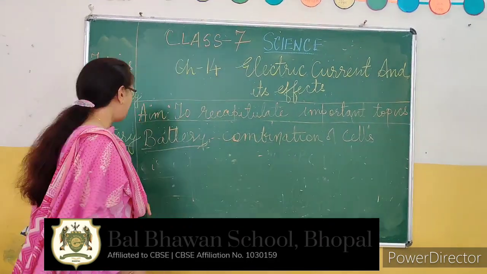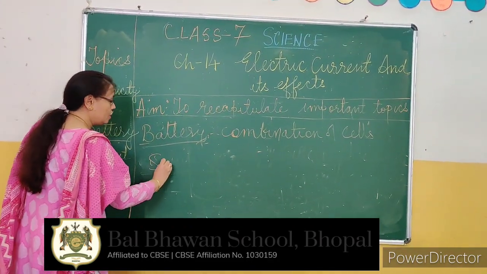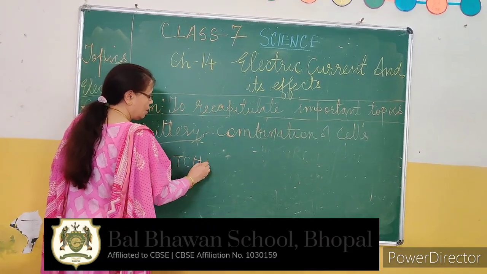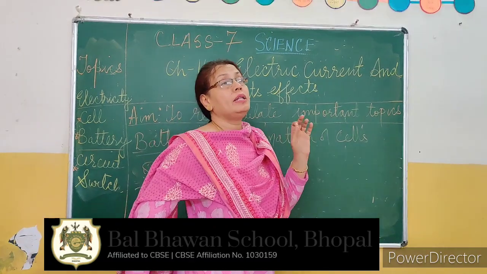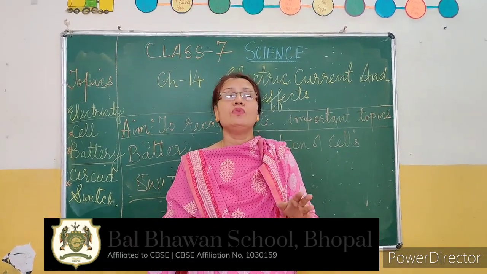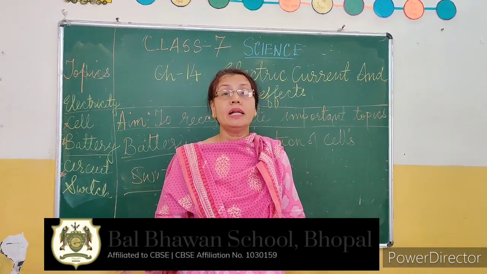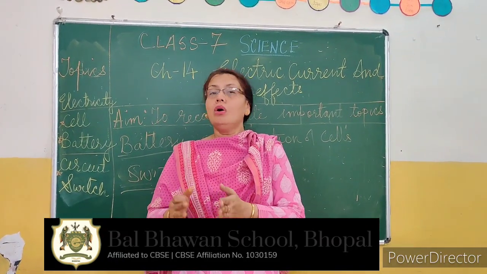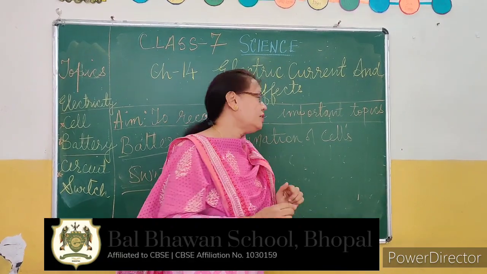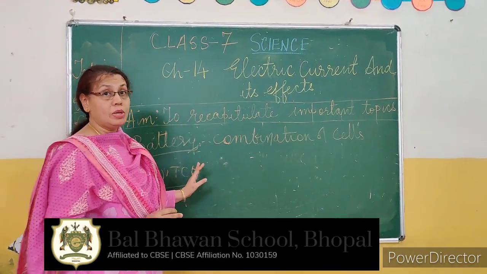It is done by a key called a switch. What is a switch? Any device which can either complete the circuit or break the circuit, so that the circuit is closed or open, is called a switch.